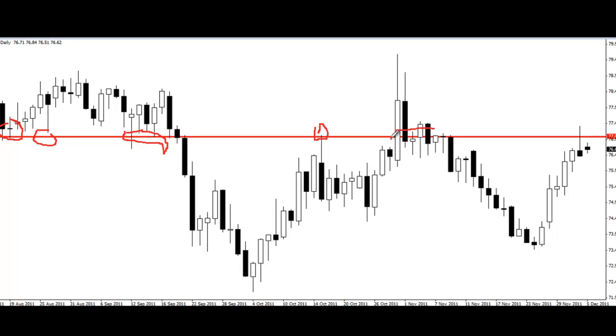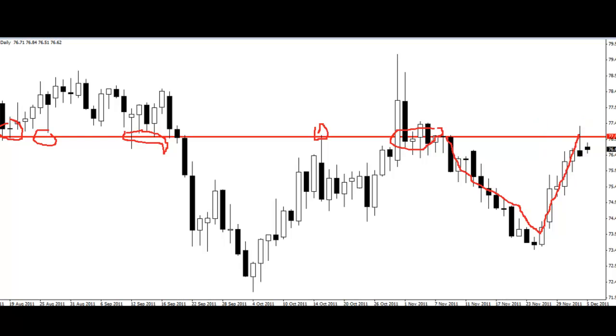And then of course all through here we've got support and resistance, and now price has fallen away from resistance and gone back up to test again and form this rejection candle. This shows us that price has gone up, it's gone through, and everyone has traded it back down, and that resistance has held.